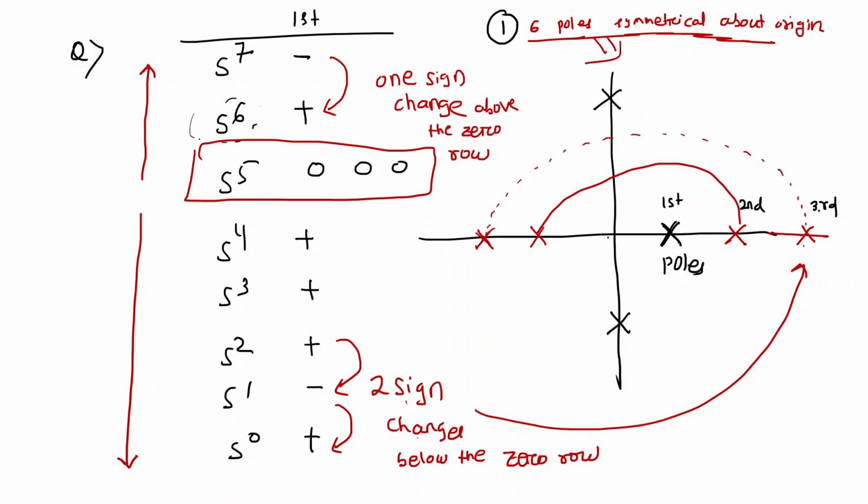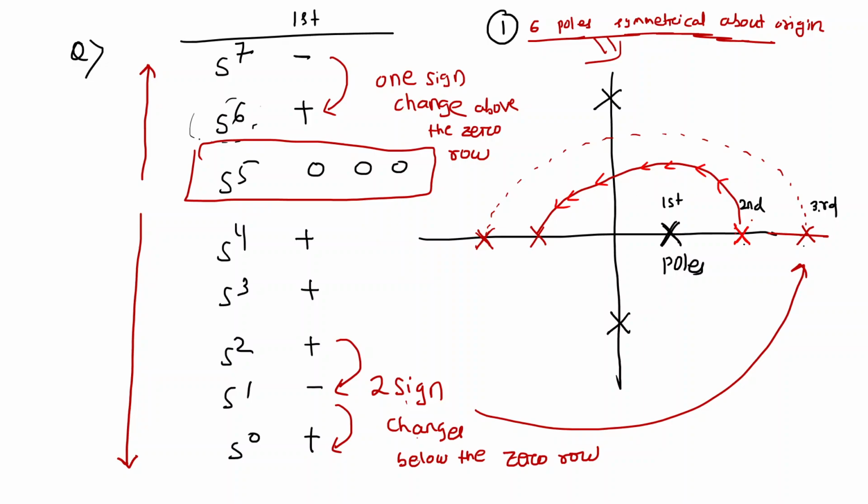If I place symmetrical about origin, for this pole, I don't want to change the color. For this pole, there should be a symmetrical point about origin. Because I have 6 poles, I have to place them symmetrical about origin.